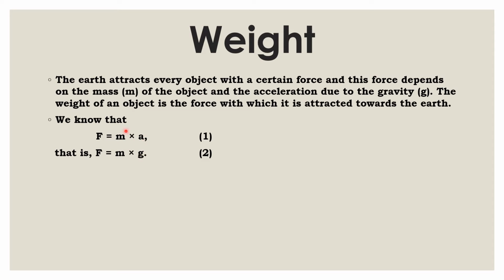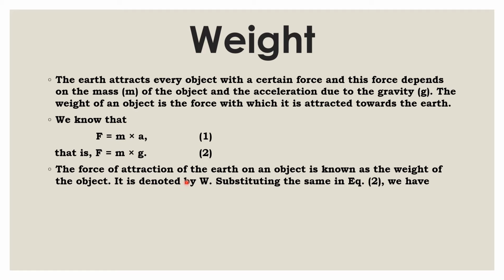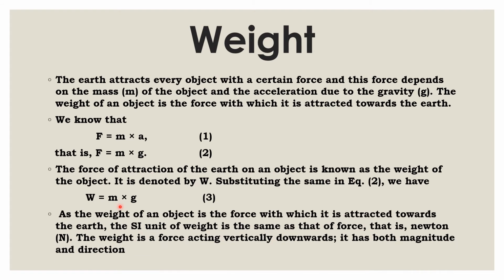So the force of attraction of the earth on an object is known as the weight of the object. It is denoted by W. Substituting this W in equation 2, we get W is equal to mg. This is the weight of any object or a person.